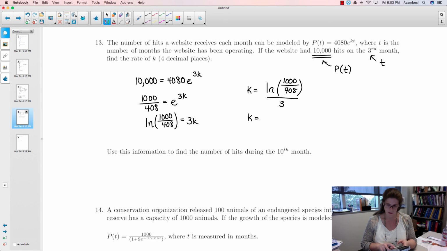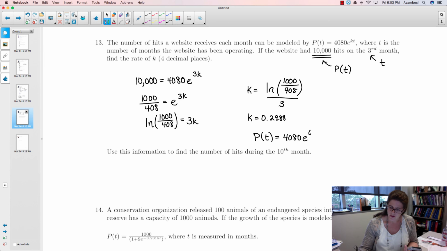Then I'm going to close my parenthesis, divided by 3, gives me 0.2988 for my decimal. So if I want to rewrite my function based on this, P of t is equal to 4,080 e to the 0.2988 t power, and that's my resulting function.